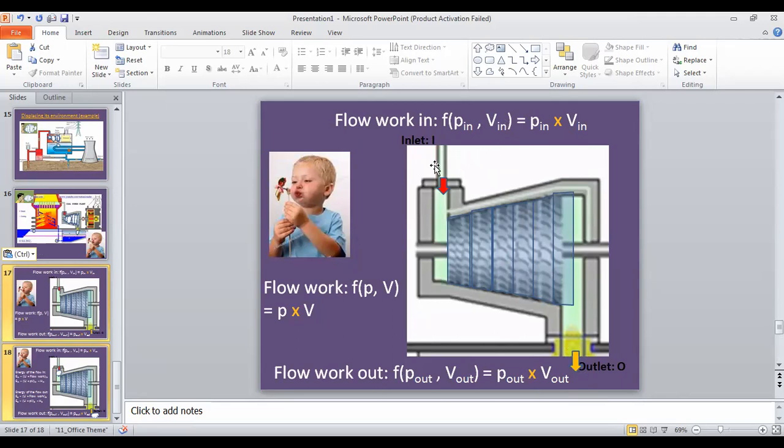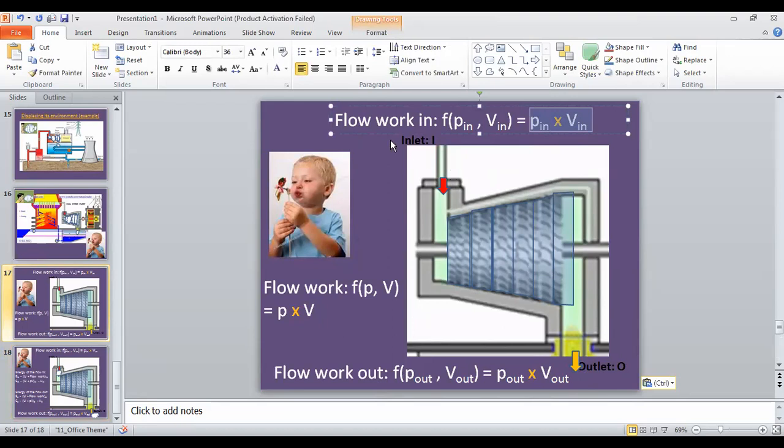Of course, together with this flow work potential, there should be internal energy as well. So the total energy level here is the internal energy plus the energy needed for the flow work. Even here, the internal energy plus the energy needed for the flow work, because flow work is needed to displace the surrounding, to find the way for this flow to go out.